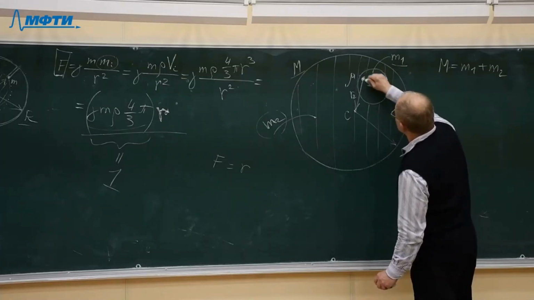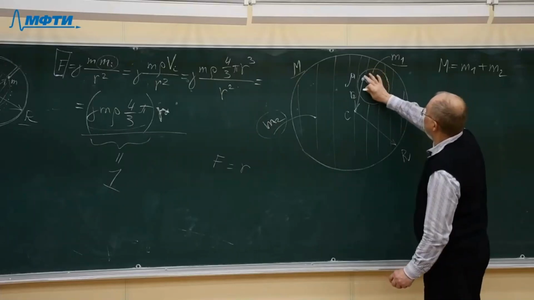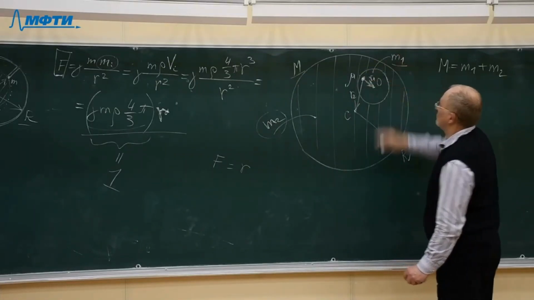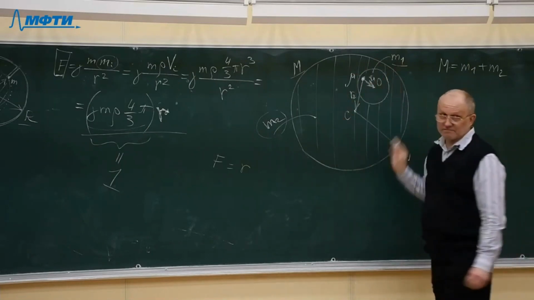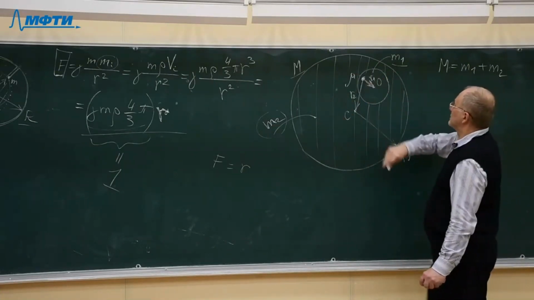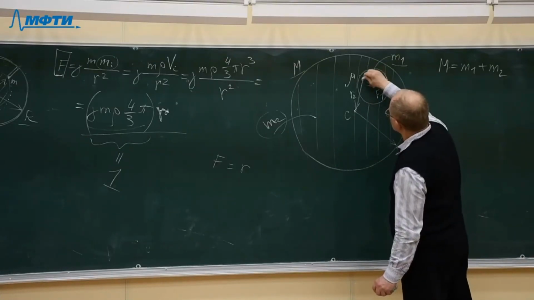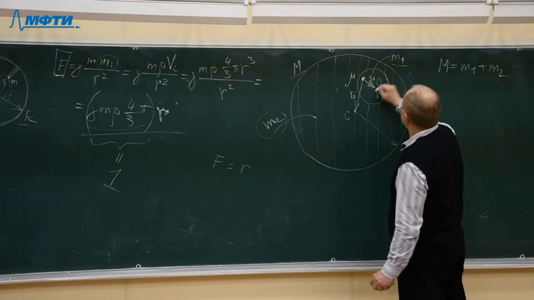That will be the force of attraction of this body to the center of this sphere, if the sphere is filled with matter and has the total mass m1. I started from this simple case when everything is filled with matter. Then there will be a force acting here, F1, a force of interaction between this point mass and the spherical mass m1.